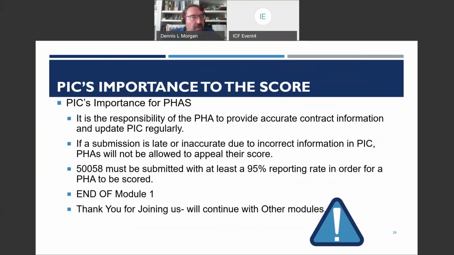Your score is what your score is, and you'll have the opportunity in the next round of evaluations to get that information correct to HUD, but you might be labeled as troubled or substandard just because your IT is not getting the information up to HUD on a timely basis. Make sure you're reporting those 5058s accurately and timely, and you want at least a 95% reporting rate in order for the housing agency to be scored as well.